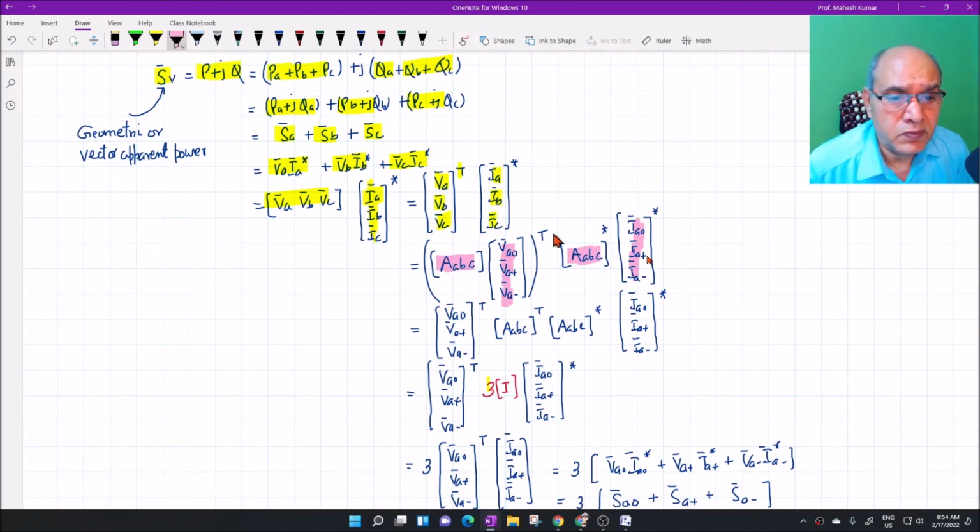This is the A and B transpose matrix. In the transpose the order changes, so this becomes first here and this becomes second. This is the conjugate of ABC. This is I0, I plus, I minus.